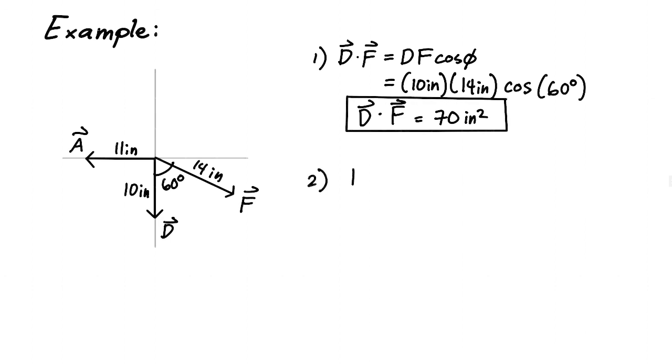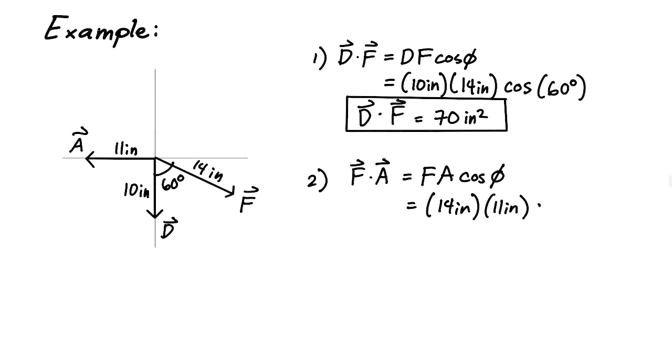Now, how about if we get the dot product of F and A? Okay, so you simply get yung magnitude ni F times magnitude ni A, tapos multiply that sa cosine ng angle between them. Okay? So you should have ang magnitude ni F kanina, that is 14. Magnitude ni A is 11 inch.